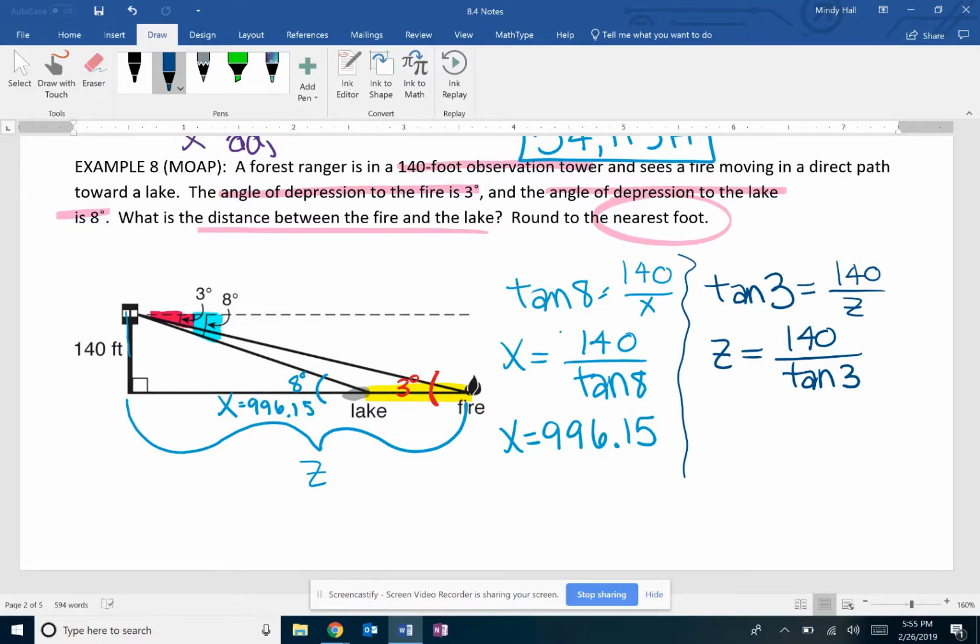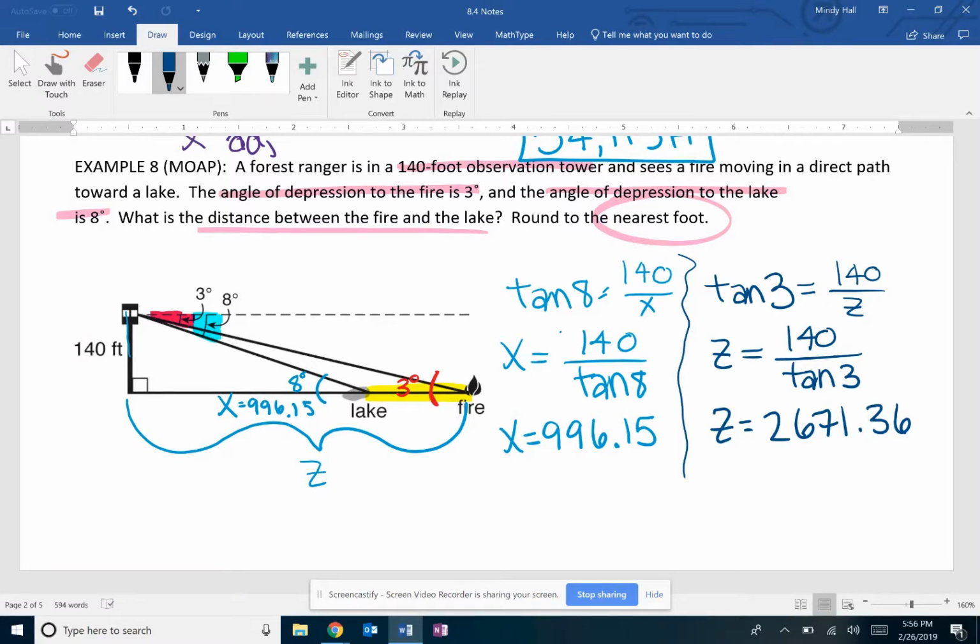And when you do 140 divided by the tangent of 3, you get that z is 2,671.36. And so that means that my entire distance from the tower to the fire is 2,671, and from the tower to the lake is 996.